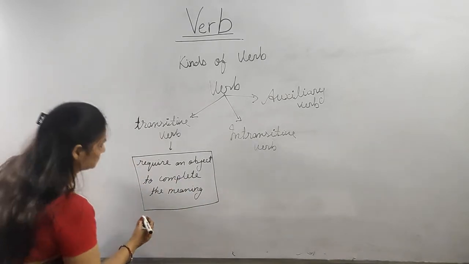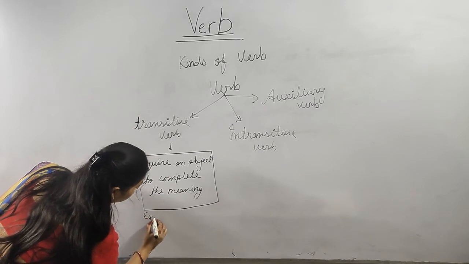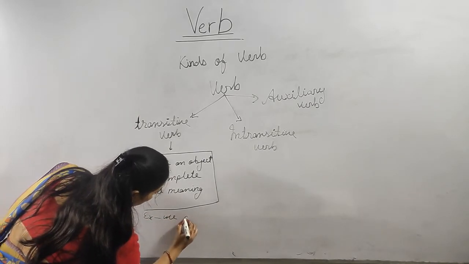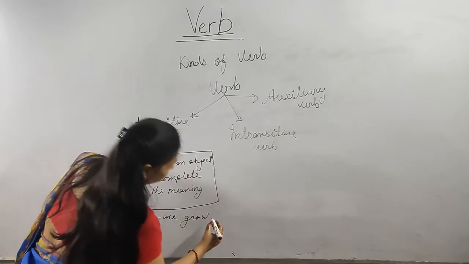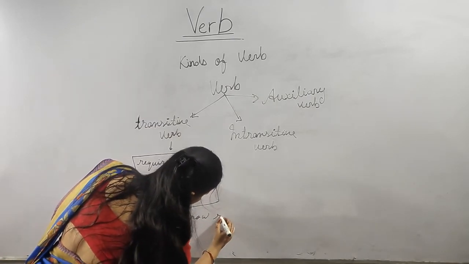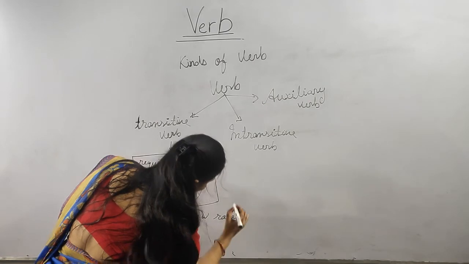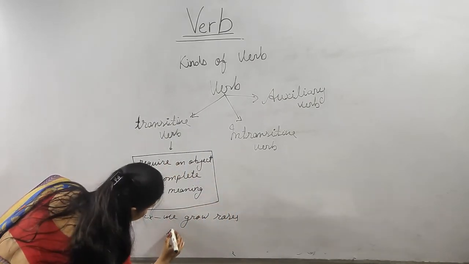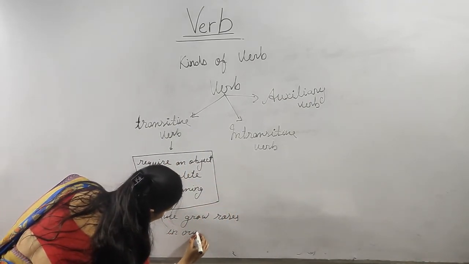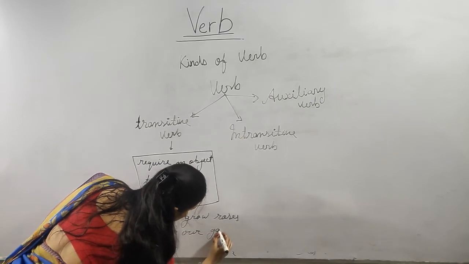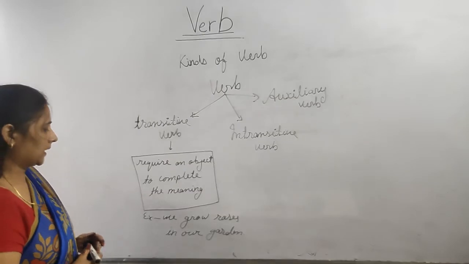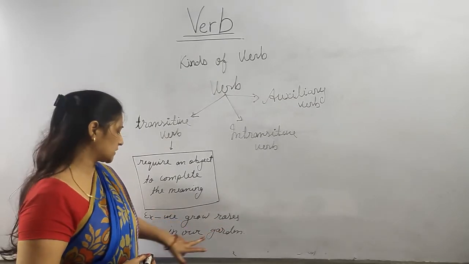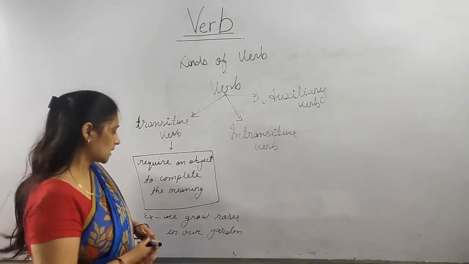For example, look at the example. We grow roses in our garden. It means we grow roses in our garden. Grow.